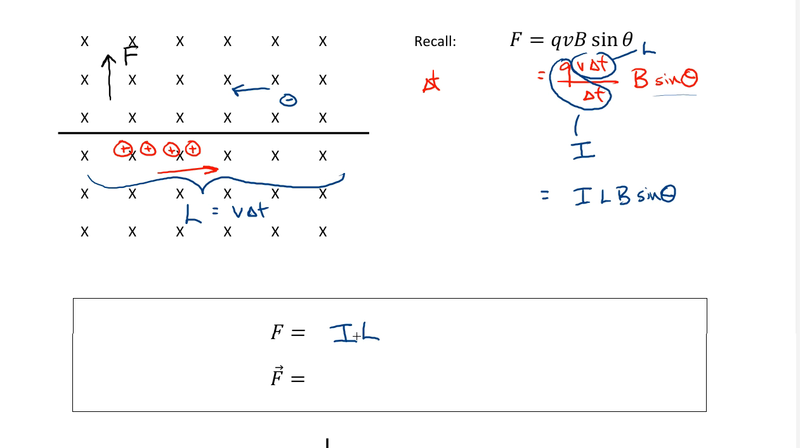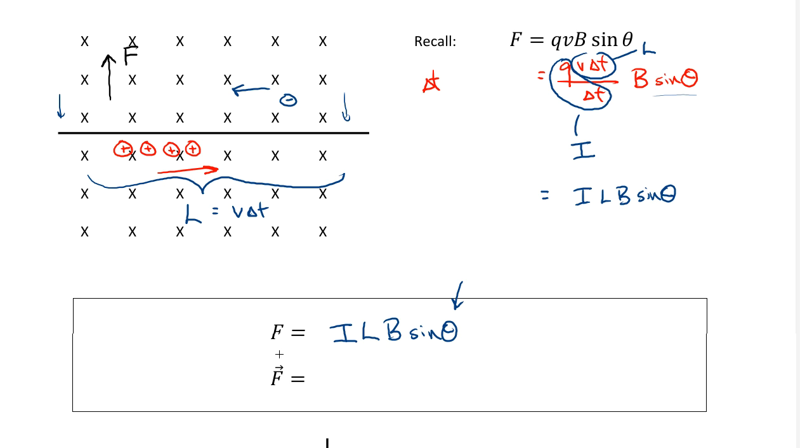So this is the length of the wire that's actually in the field. If the field ended right here and right here, then we'd be talking about this length, multiplied by B times sine theta. And here, theta, again, is the angle between the wire and the external magnetic field. In the picture shown here, it's 90 degrees because the wire is going left to right and the magnetic field's into the page.